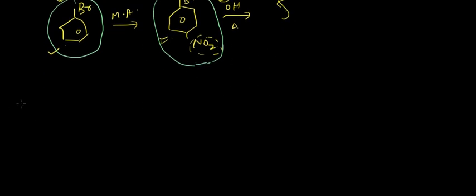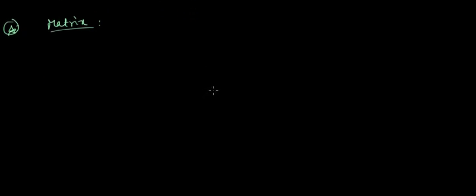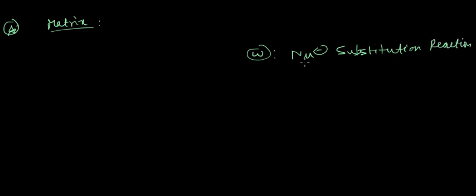Next we have a matrix question. We have a left column and a right column. In the right column, let me first write down the keys. W is nucleophilic substitution reaction, and it can be any one of the types: SN1, SN2, SNAr, which is SN aromatic, and SN addition-elimination.